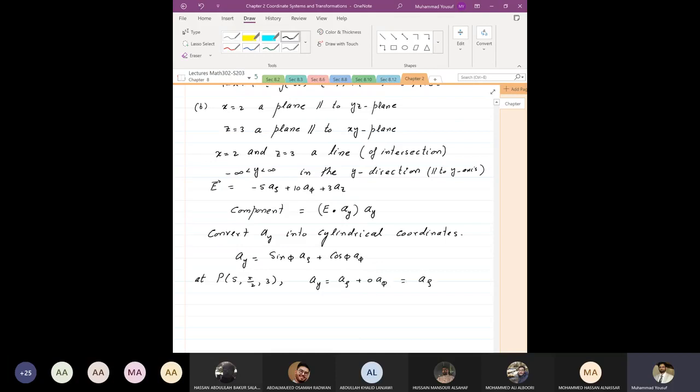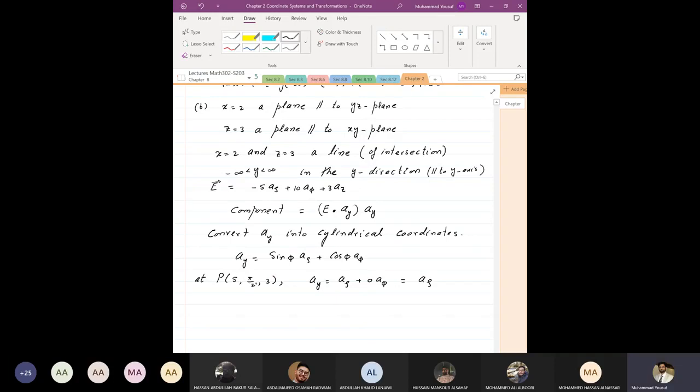So it is equal to a_rho only. So unit vector a_y is equal to unit vector a_rho.